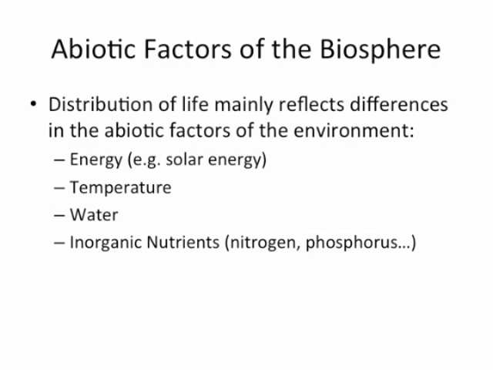The distribution of living things, of biotic things on Earth, is really a reflection of the abiotic factors. So factors like energy: where is the sun, where are the other sources of energy, where are the nutrients, where is that all located?